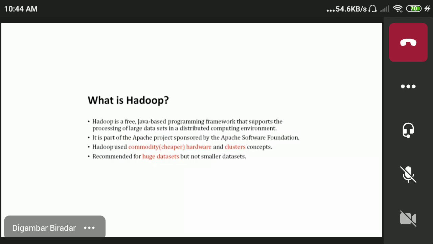Distributed computing environment in the sense we will divide the data. अगर आपके पास बहुत बड़ा storage है, then we'll divide the data in multiple systems and we will process individually. After that we are going to combine. अगर डिवाइड कर रहे हो तो हमको मैपिंग बहुत जरूरी है. हम मैप करके डिवाइड करेंगे. After that, while combining, we will reduce it. That's why that concept has worked. That is called map reduce.